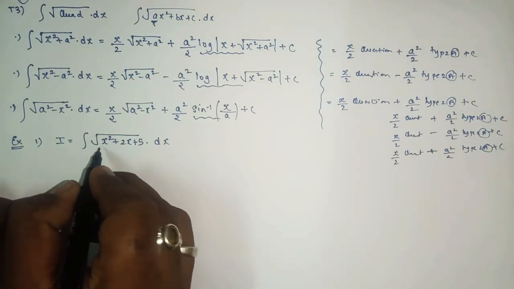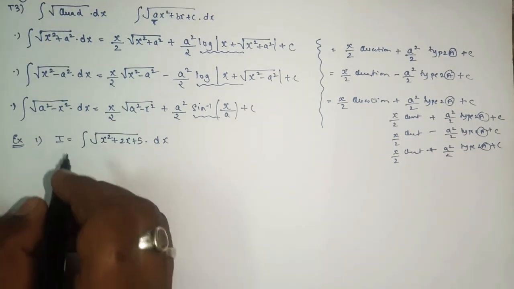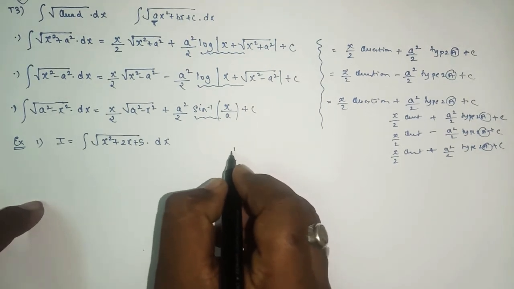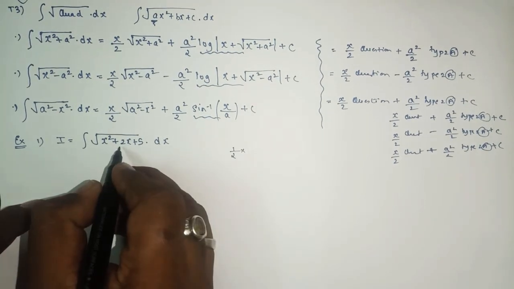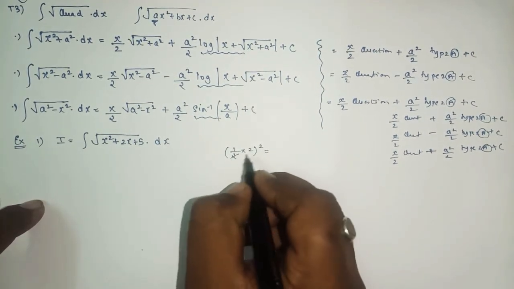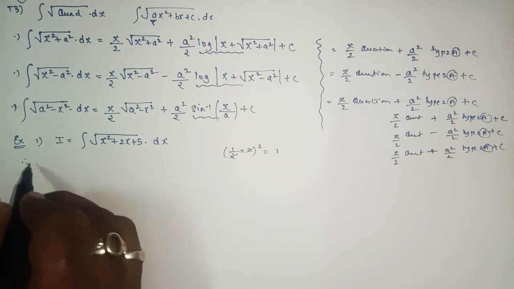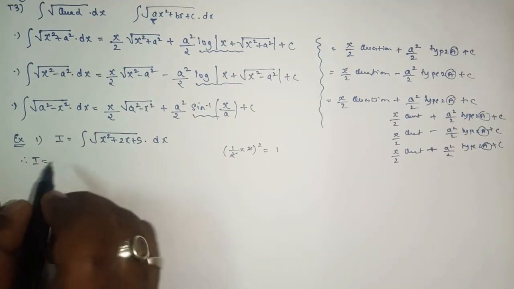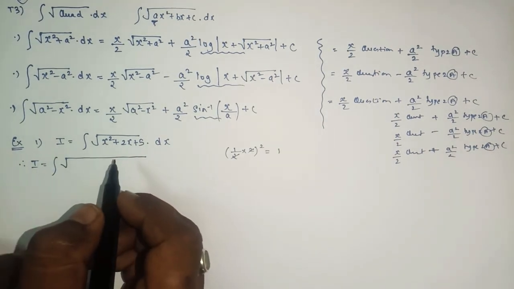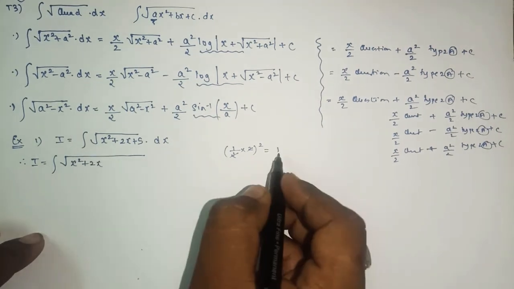Clearly we can see that the coefficient of x square term is 1 and the sign is positive, so after that we have to apply the third term. We know that the third term will be half into the coefficient of x, which here is 2, the whole square. So your 2 will get cancelled, so 1 square is 1, yes or no? So therefore the next step we can write as I equals integral root x square plus 2x.